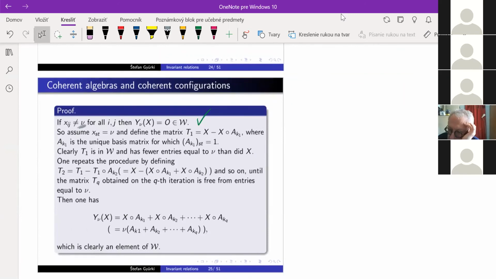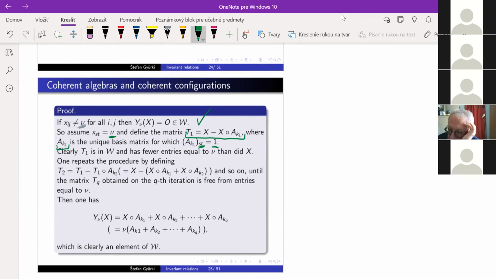Otherwise, you can find an entry which is equal to the chosen value, and take the basic matrix A_k1 which has exactly on that place the entry 1. We know that there is precisely one such matrix and all others have 0 on the same place.